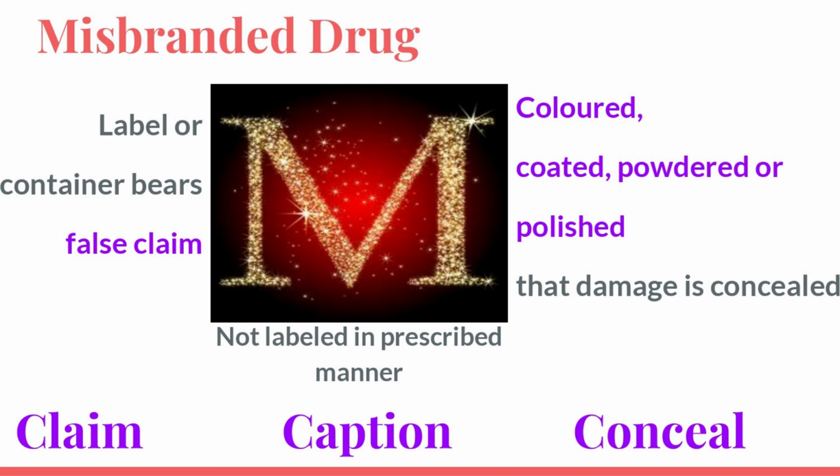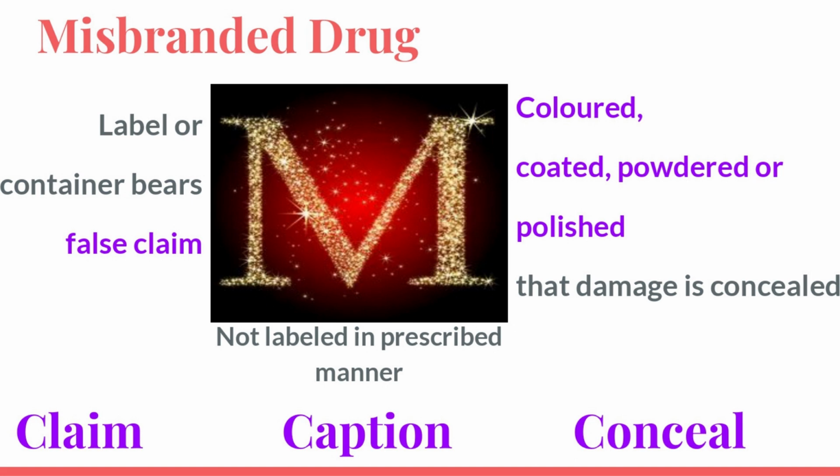The word caption reminds us of the term label. If the captions in the label are not in the prescribed manner, that makes the drug a misbranded one. And the third word is conceal. Any concealing activity can make the drug a misbranded one.